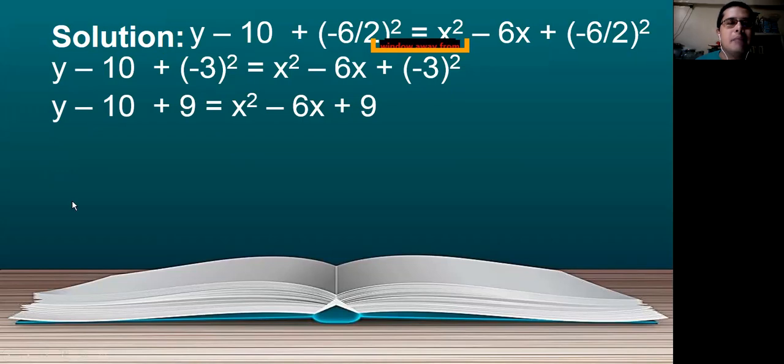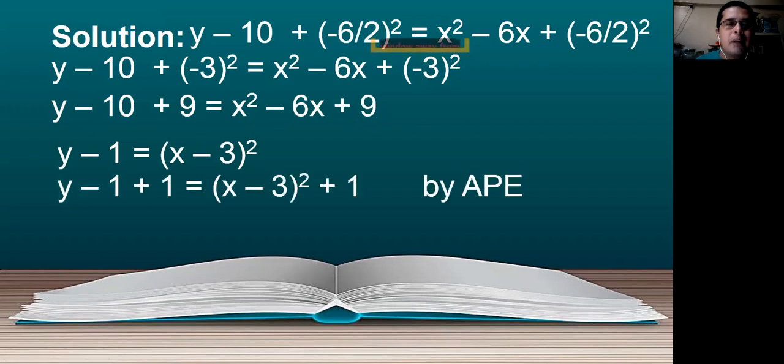Combining similar terms, y minus 10 plus 9 is y minus 1. Factoring x squared minus 6x plus 9, this is a perfect square trinomial, so that becomes x minus 3 squared. Then, by the addition property of equality, add 1 to both sides of your equation.